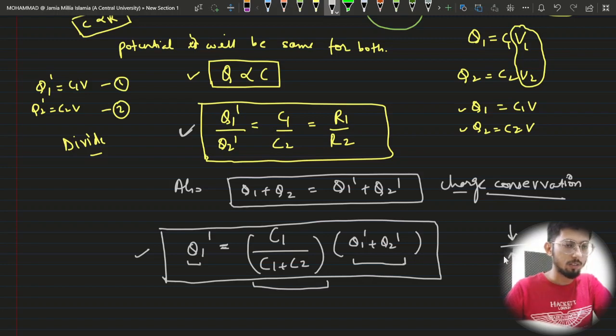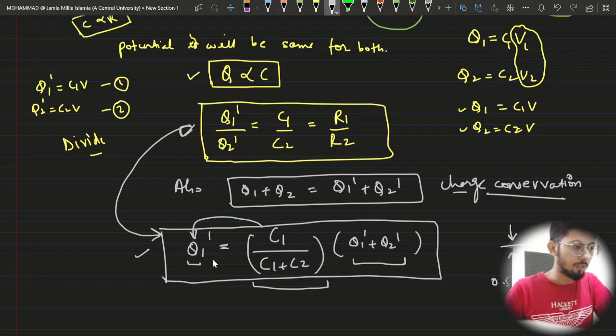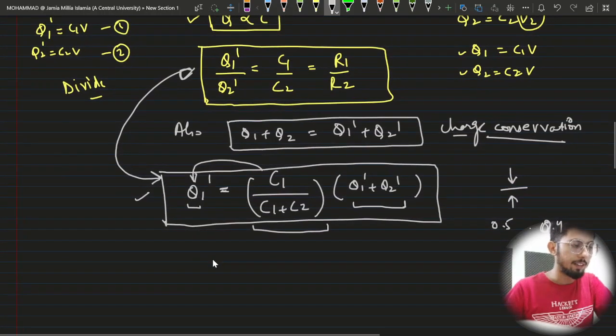For example, it might be 0.5 or 0.4. So this total, C1 plus C2, we need to put in the denominator. This is from this equation only, simple algebra. So C1 upon C1 plus C2 is the fraction that Q1 dash will have on its own, and the rest will be with Q2 dash.